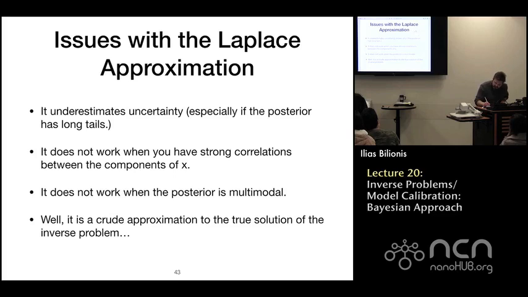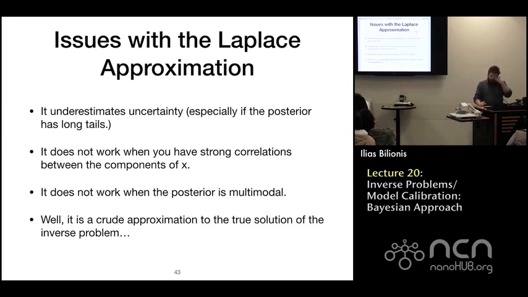So just because of the physics, sometimes there is a manifold of the space of parameters where that x should be, and anything else doesn't really make sense because the physical model would not work. Okay? This you may or may not know, but the Bayesian formulation will take care of that. The Laplace approximation will not.